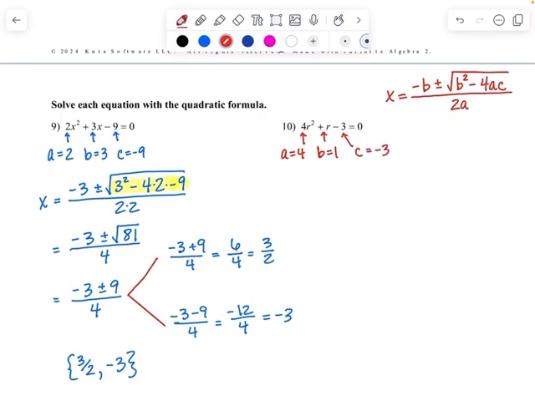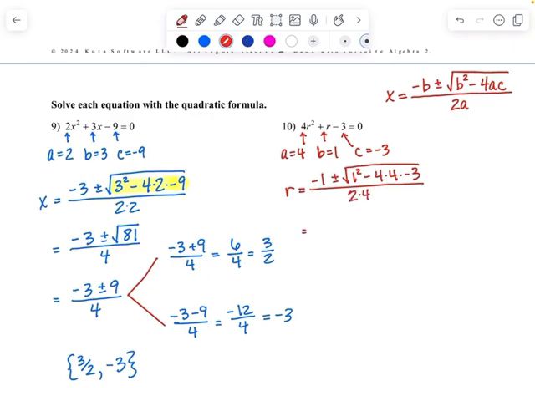Plugging these three values into the quadratic formula, I will get x equals negative 1 plus or minus the square root of 1 squared minus 4 times negative 3. All of that's under the square root, and then the entire thing is above 2 times a. So that's 2 times 4.